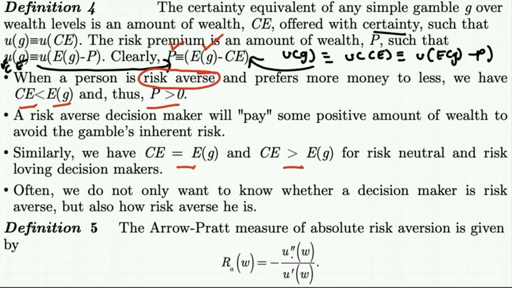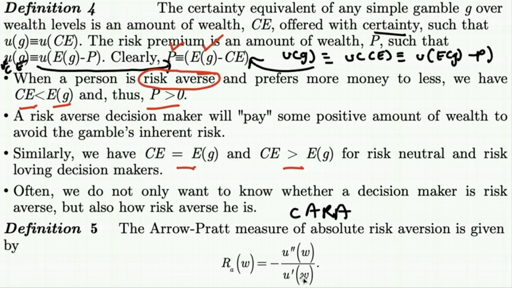Now, this Arrow-Pratt measure of absolute risk aversion is also known as coefficient of absolute risk aversion, CARA. All right. Now, let's say we have a simple example to calculate this so that we can interpret the results. So, let's say we have a person, a decision maker named James.